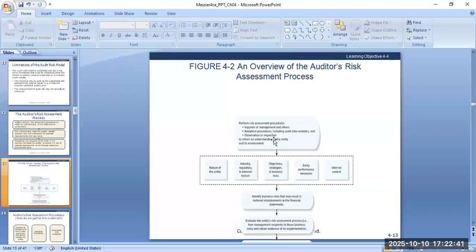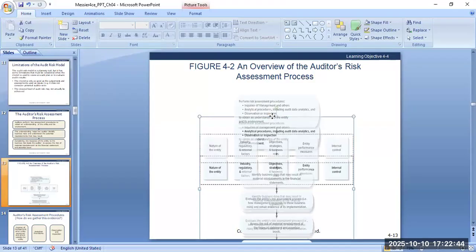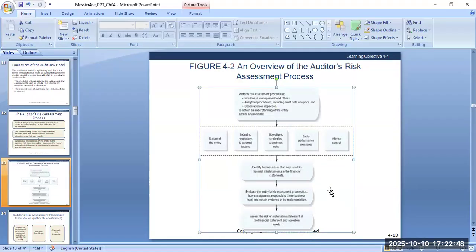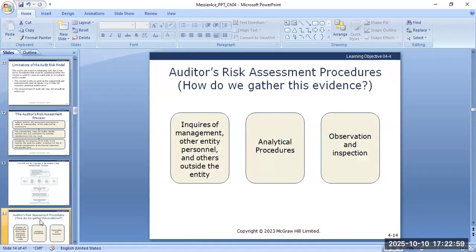So as you can see, we're not just simply doing an audit. We're going deep and we try to find everything about the company. Now, is this done by the books, or is this done in reality? It should be done in reality.